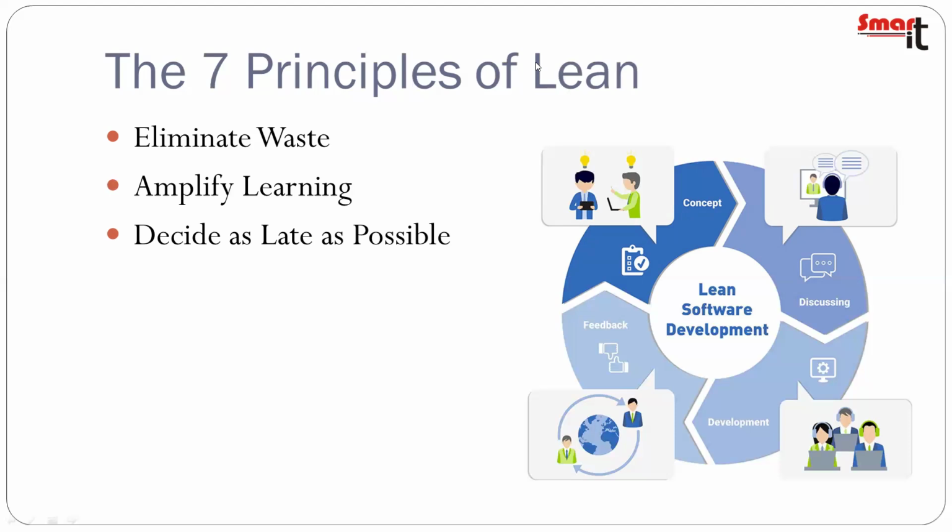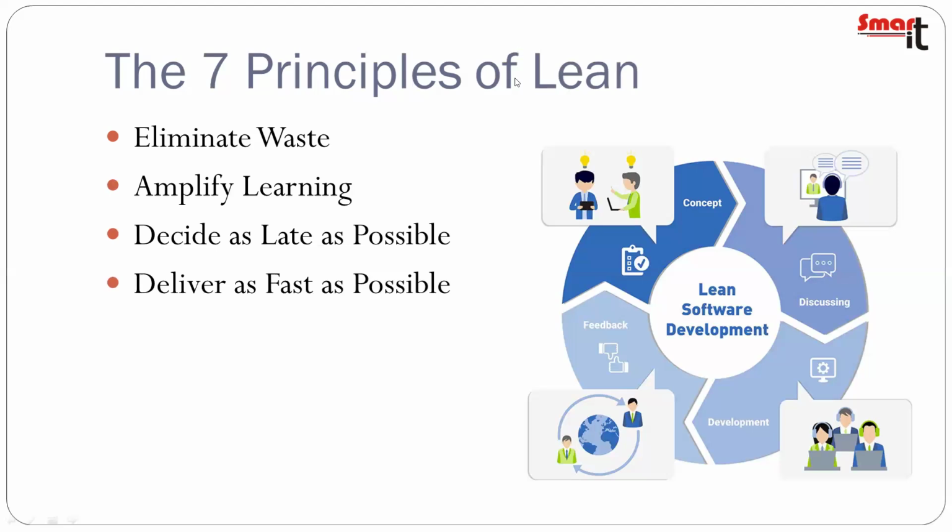But as late as possible does not mean after a week you say, okay, now I got the decision, that is late. If you have time to think, take that chance and make a good decision. So when making a decision, don't be in a hurry. That is the thing within this third principle.